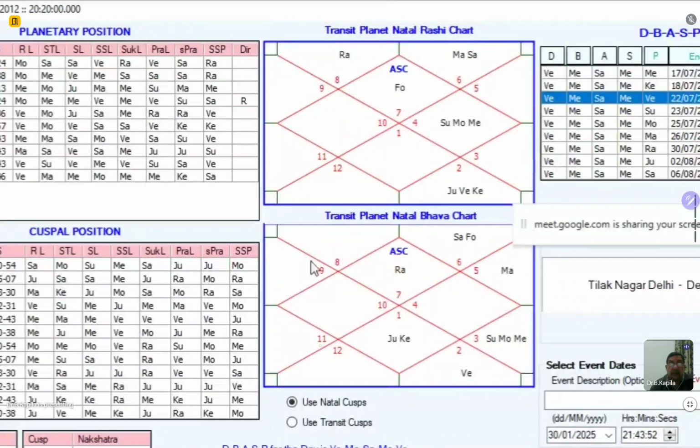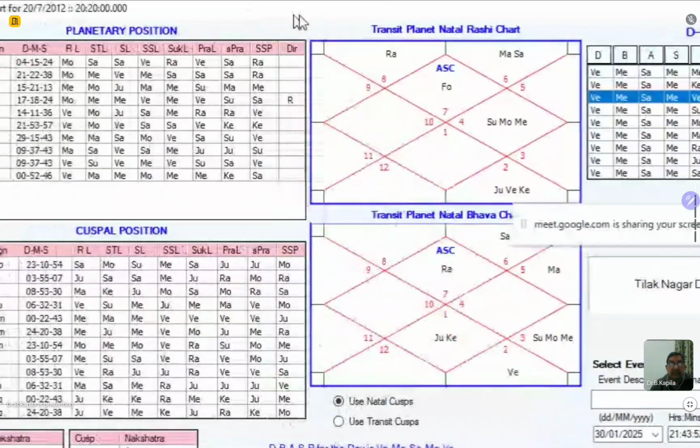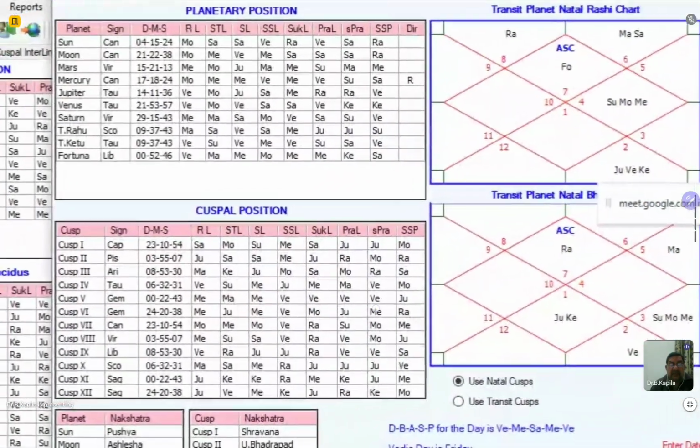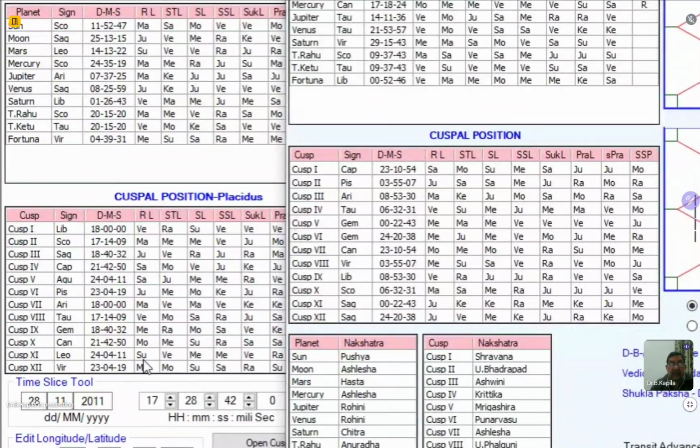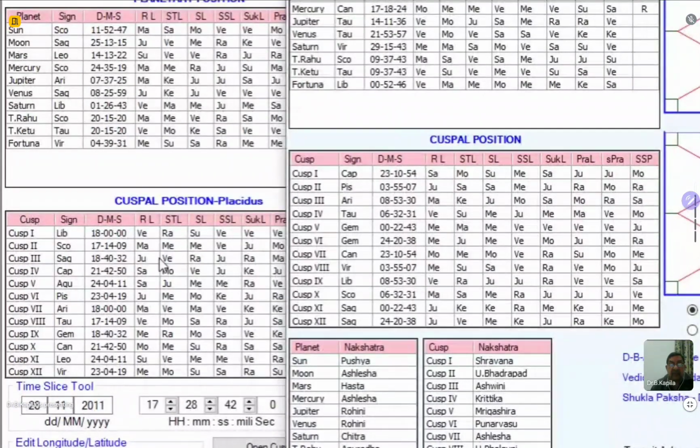Sun is not present in 2, 5, and 11. Sun is present in 11 only, and that too at the sign level. Not present in 2, not in 5. Sun is present in the star of Saturn, and Saturn is also present at the sign level in the fifth cusp.